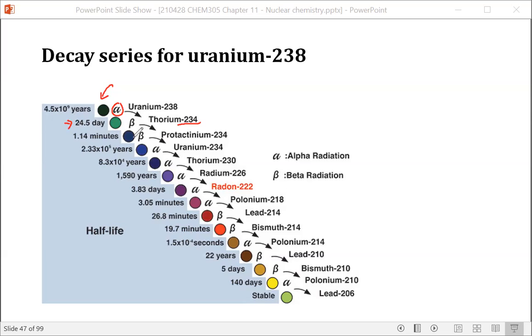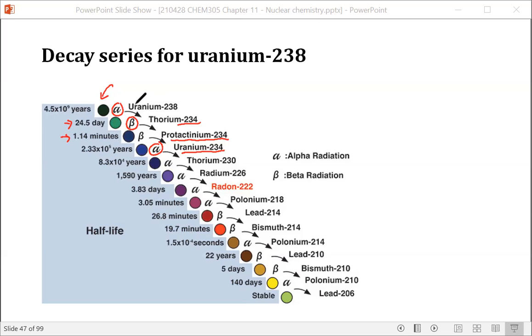Then the half-life of thorium-234 is 24.5 days. After 24.5 days, half of the thorium-234 will undergo beta decay to become protactinium-234. That half-life is only 1.14 minutes. So very rapidly, the protactinium undergoes alpha decay to become uranium-234.